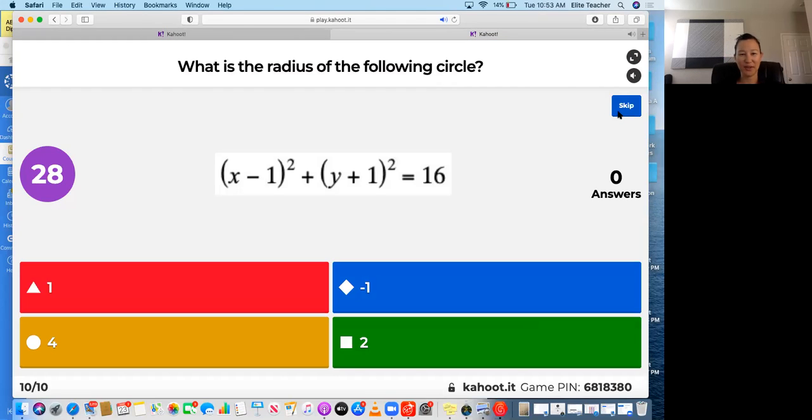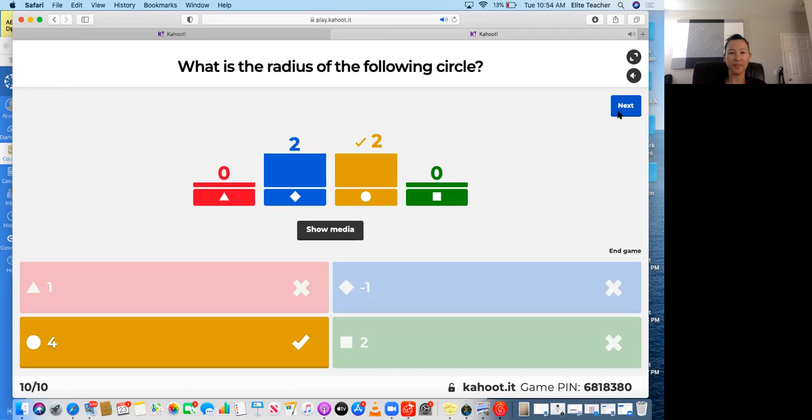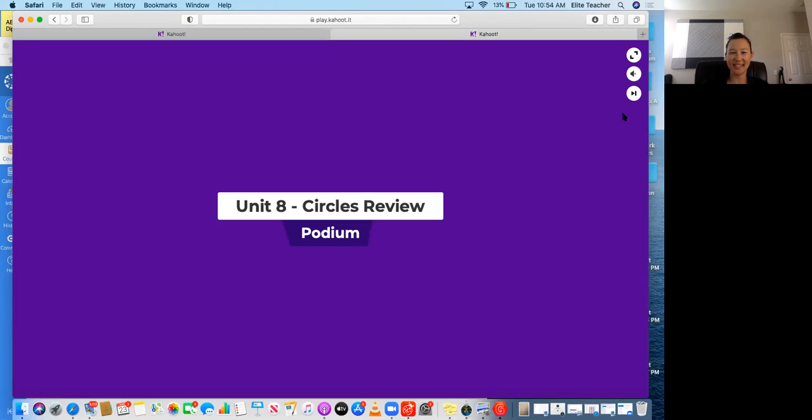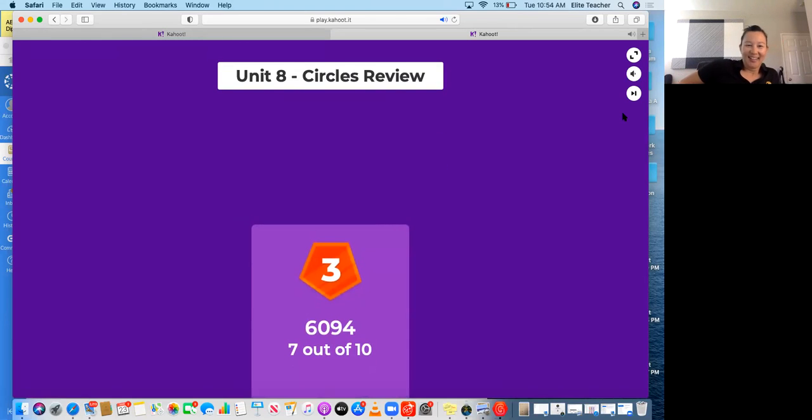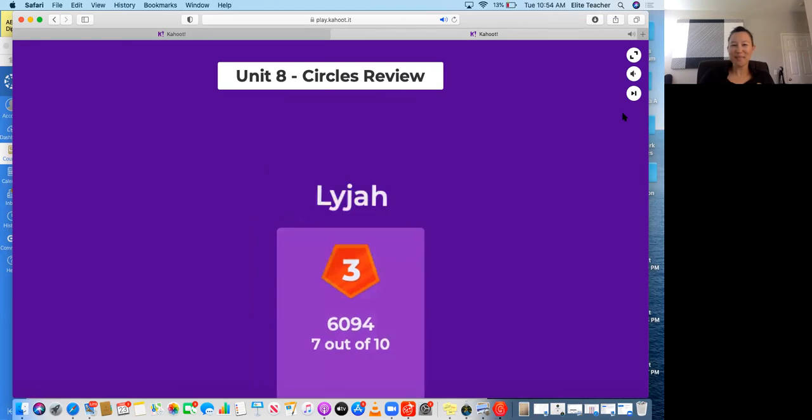The radius of this circle. You had to just take the square root of the 16 because it equaled 16, which is 4. Let's see. Okay. Good job, Elijah.